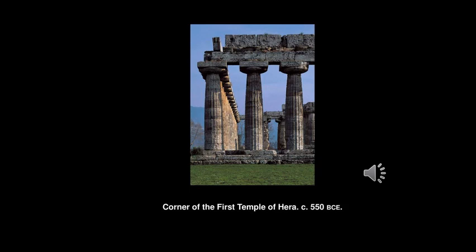Columns are made of several pieces of stone called drums. The columns taper towards the top and slightly to the bottom, known as entasis. Entasis gives the column a sense of masculine strength, the suggestion of the human body holding up the roof.